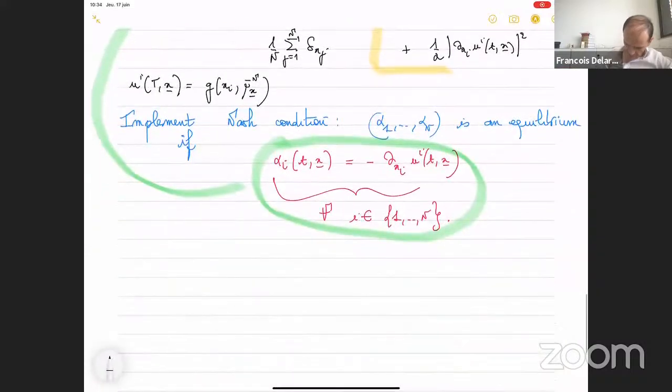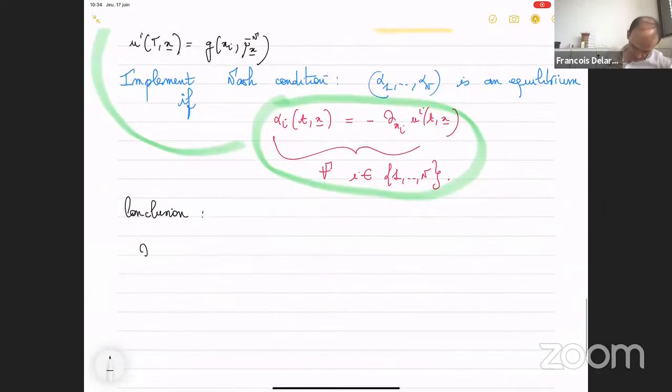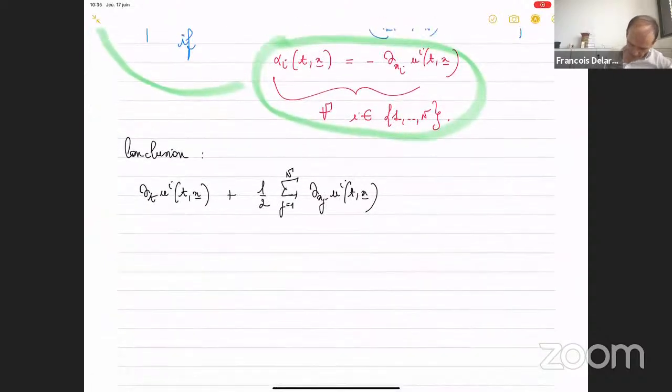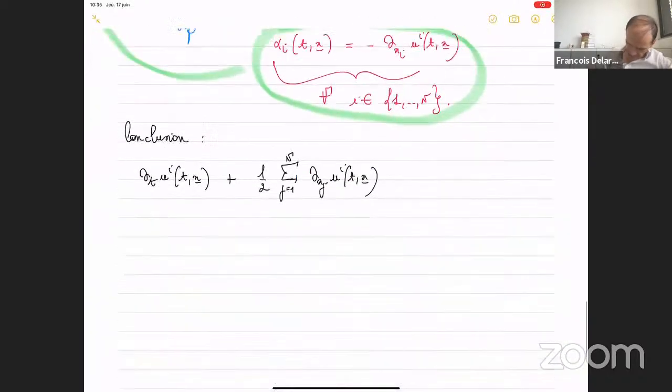So finally, the conclusion of the analysis is that I get as a Nash system: d_t u^i(t, x) plus 1/2 the sum over the j's from 1 to n of d_{x_j x_j} u^i(t, x). And now the very good point is that I know exactly what happens in the first order terms.